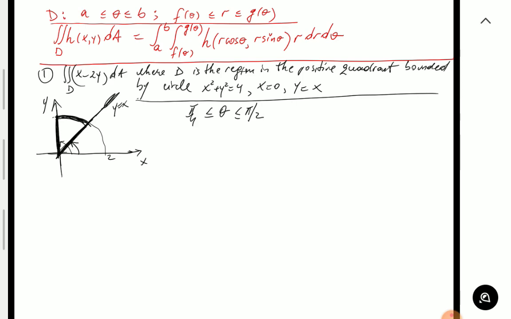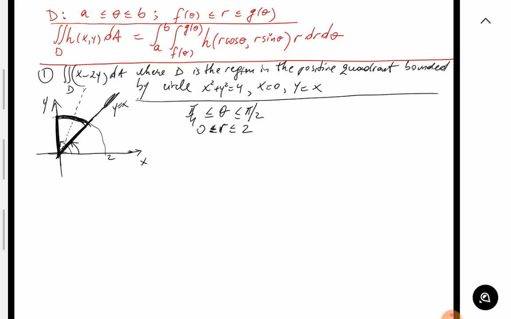Now for a typical theta, if you imagine a typical ray like that, you have to look at the bounds for the radius. The radius in this case has constant bounds. It starts from 0 and goes all the way to the circle of radius 2. It may depend on theta, but in this case the bounds for r are also constant.